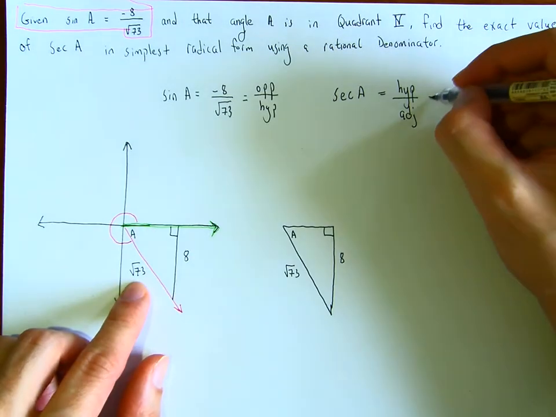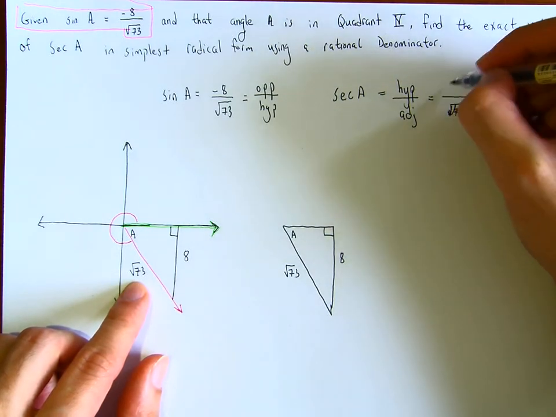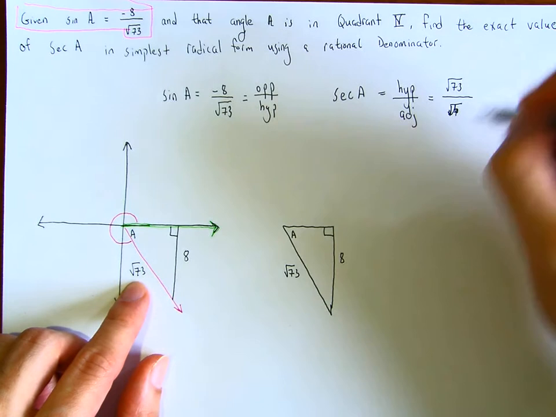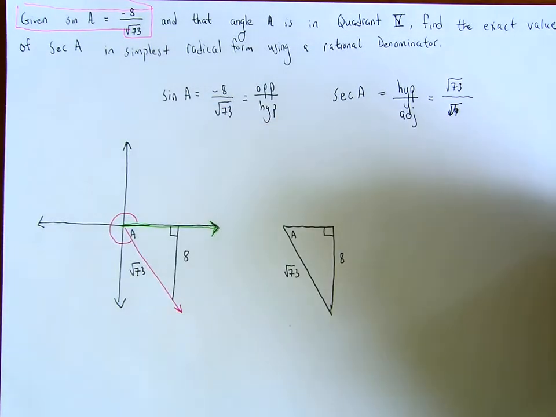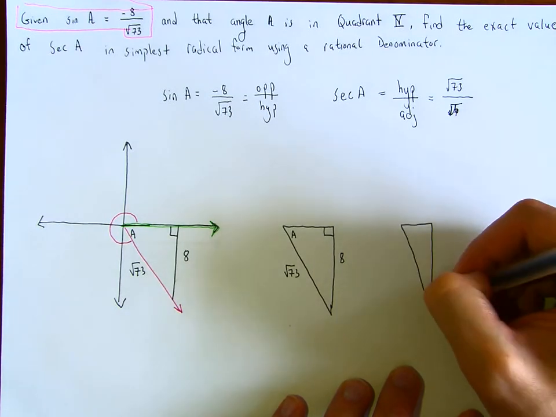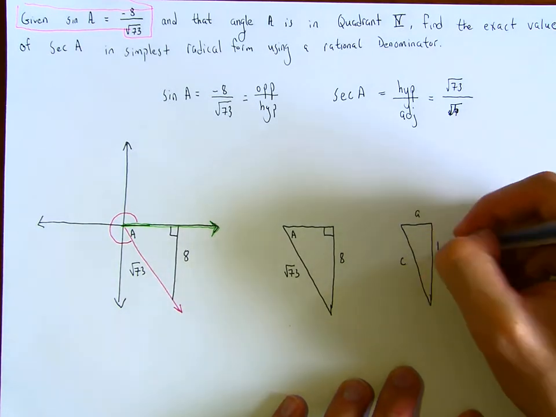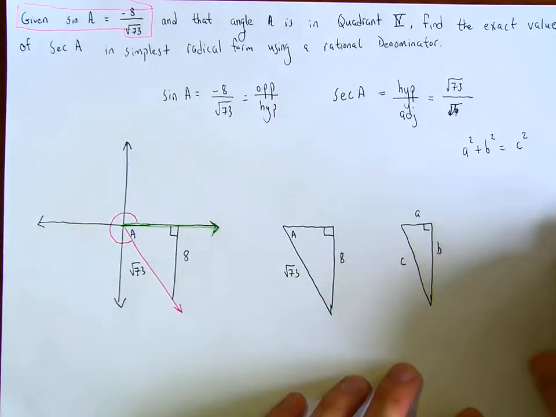For the numerator, we know it's square root of 73, but we don't know the adjacent side. We don't know this distance. So what are we going to do? This is just the setup, this is our C, our A, our B here. We could just use the Pythagorean theorem: A squared plus B squared equals C squared.